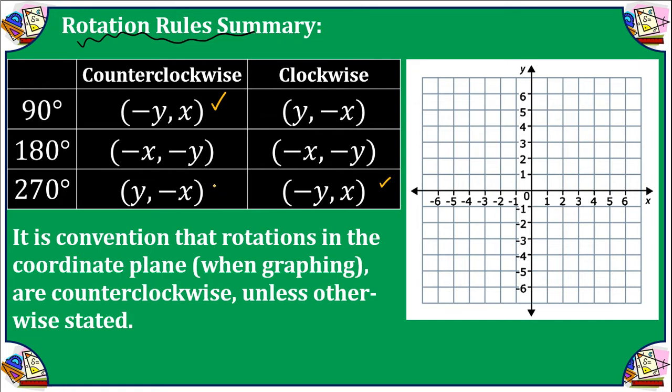You can also see that the counterclockwise 270 and the clockwise 90 are the same rule. And then going halfway around, 180 going clockwise or counterclockwise, they have the same rule. So just remember for 180 degrees, the two coordinates just change signs, but they don't change position.